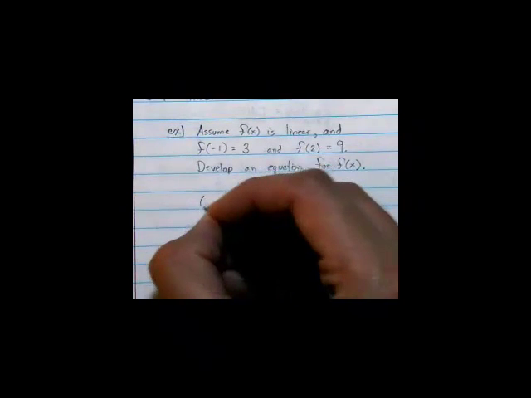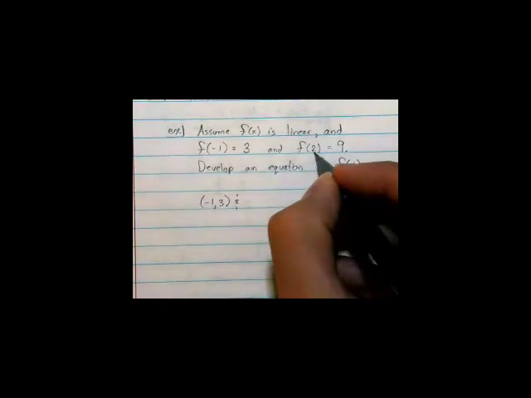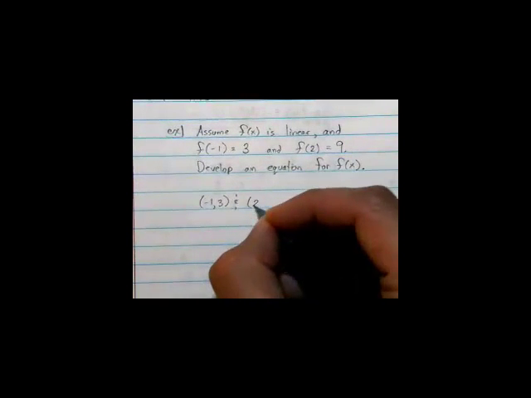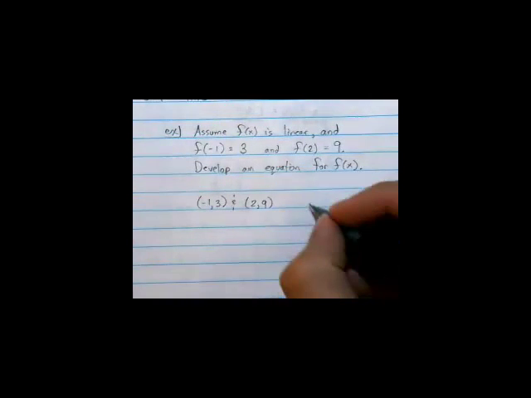It's negative 1, 3. Yeah, okay. So we have the point negative 1, 3, and then 2, 9, right? So the first thing we're going to want to do is to take those 2 points and calculate a slope. Okay, or rate of change is another name for slope. So I'm going to call it rate of change, just so we're using the new vocabulary here.